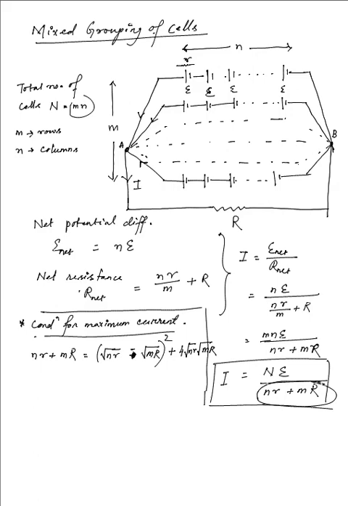This entire thing that we have over here, nr plus MR, simply is equal to the whole root of nr minus root of MR, squared. We can represent it like this on the right hand side that I've just written.